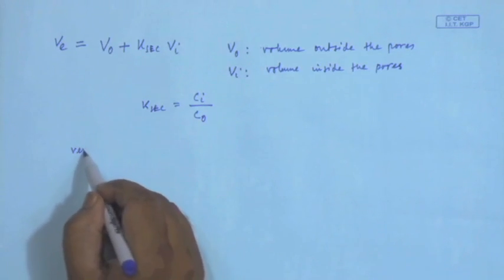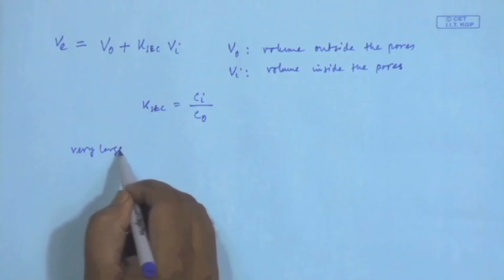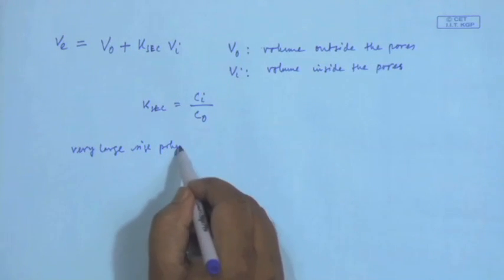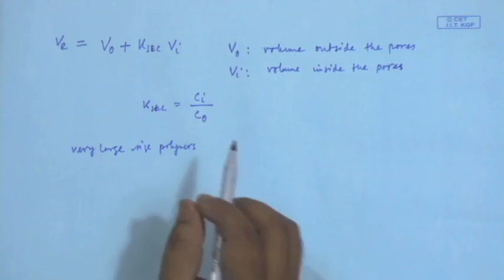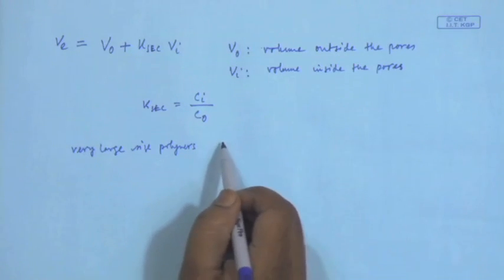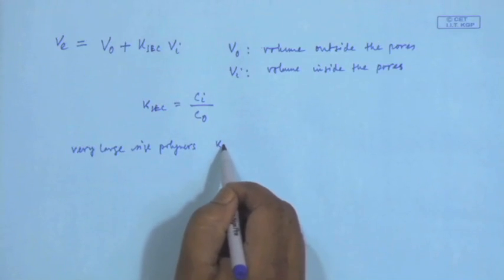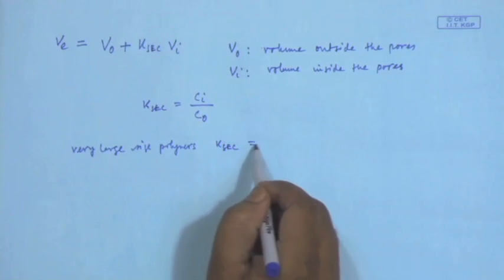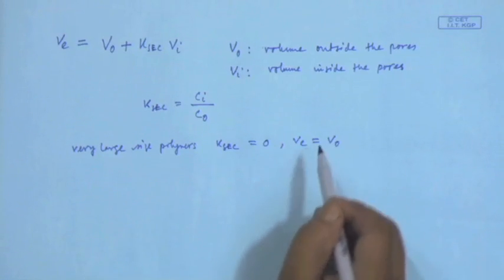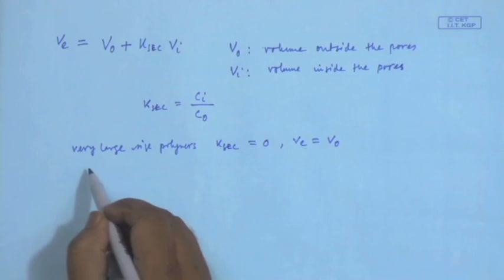So, for very large size polymer chains, which do not penetrate the pores, K_SEC is 0. So, V is given by the outside volume V0.